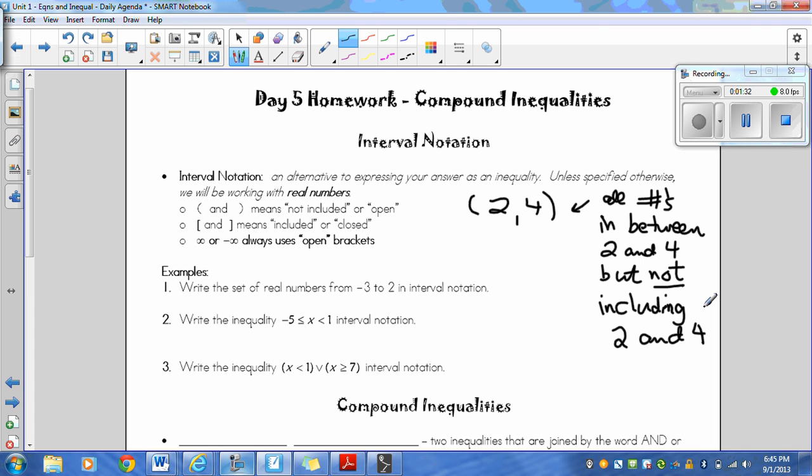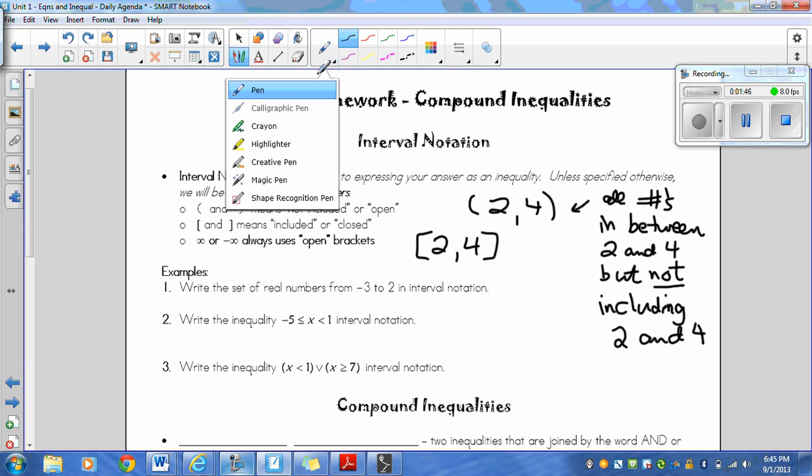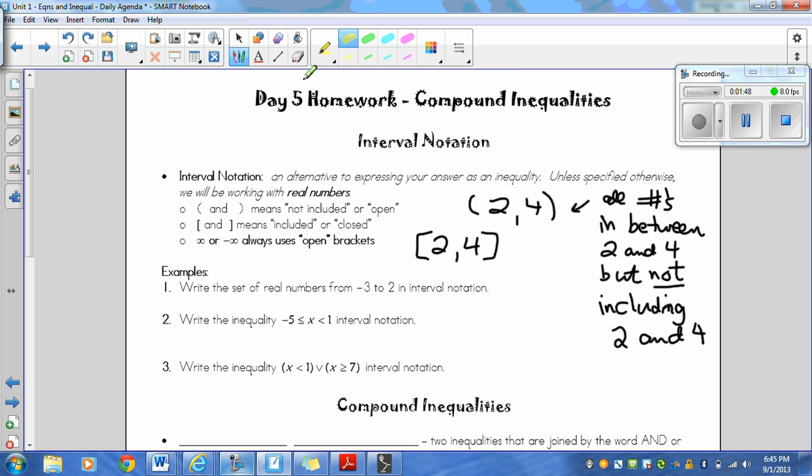If you want to include the number, you could say brackets 2 through 4. So these are all the numbers between 2 and 4, including 2 and 4. This is going to be important. If I want to say negative infinity to 5, negative infinity always has an open bracket, meaning a parenthesis instead of a closed bracket.